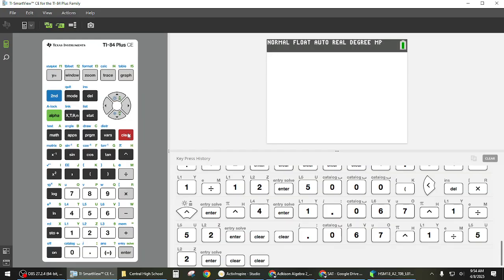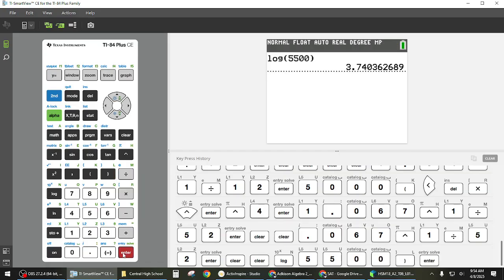Just like square root and squared right above it. Okay? So if we want to do log base 10 of 5500, we put log. It knows that that's base 10 and it doesn't show it. We call that common log. And then we just punch in 5500 and it's 3.74. You guys remember trying that yesterday? You kept trying numbers and we eventually landed on roughly 3.75.